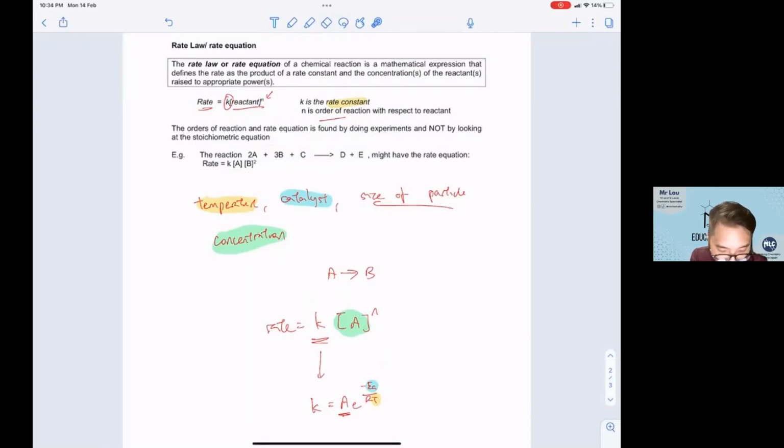It has nothing, I repeat, it has nothing to do with the coefficient here. Sometimes it could be the same, sometimes it could be different, and that would just be a coincidence. The order of reaction must be found from the experimental methods. We will discuss more about this in the next series where we'll be looking at the reaction mechanism.